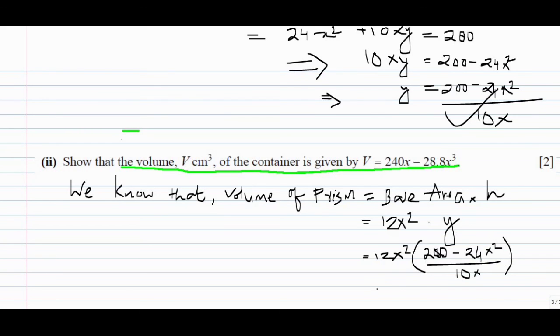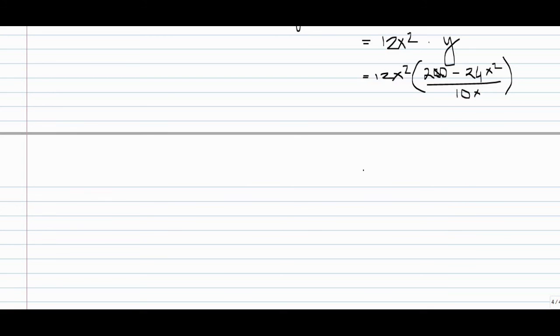We have to simplify it. We get x and x get cancelled. We get 12x of 20 minus 2.4x squared.